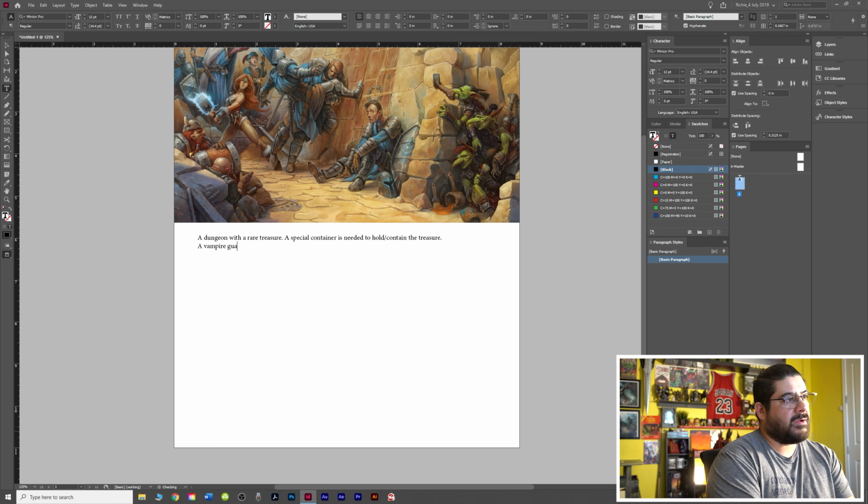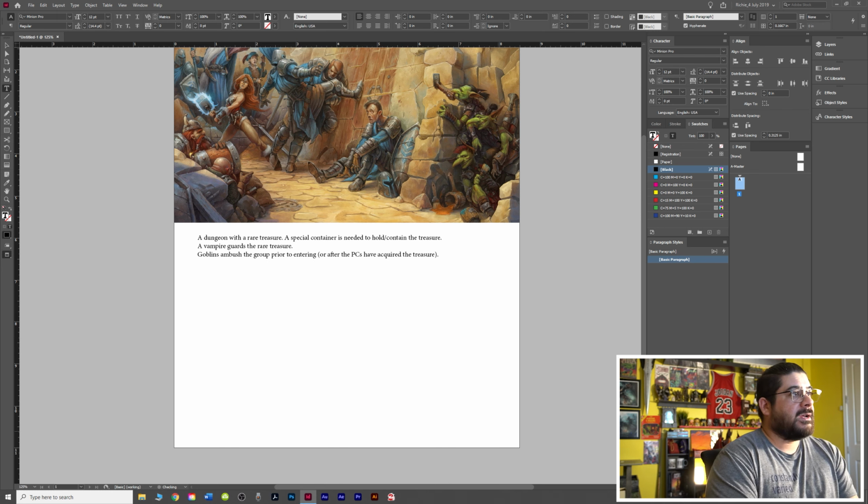A vampire guards the rare treasure. Goblins ambush the group prior to entering or after the PCs have acquired the treasure, which might even be worse.